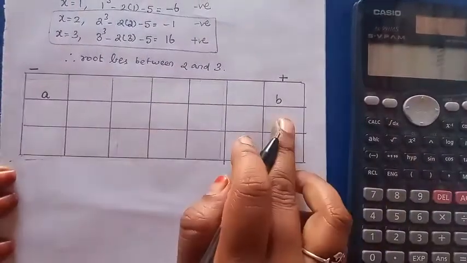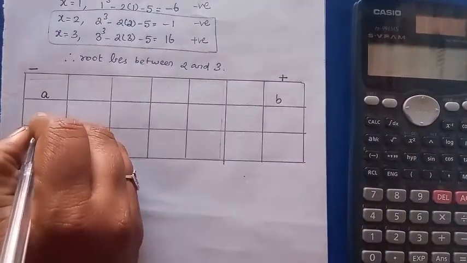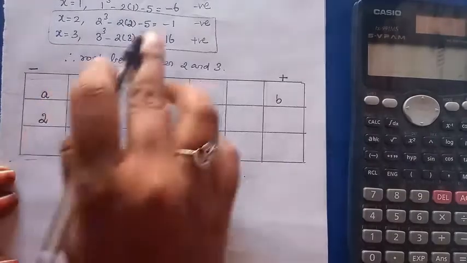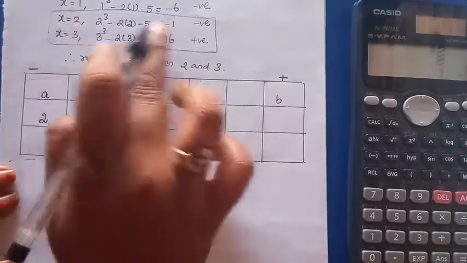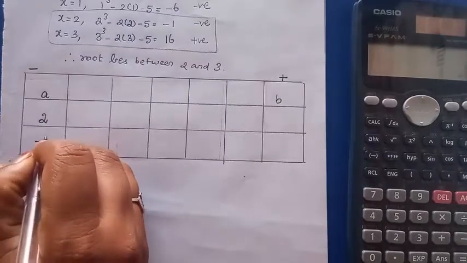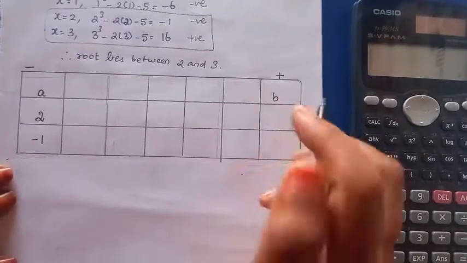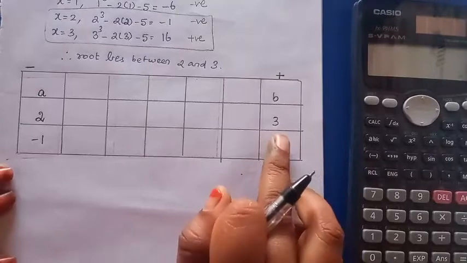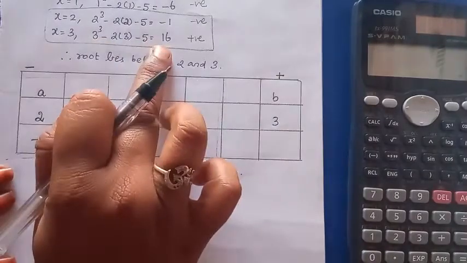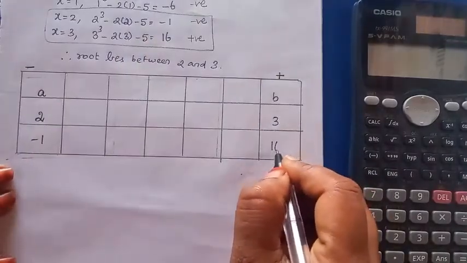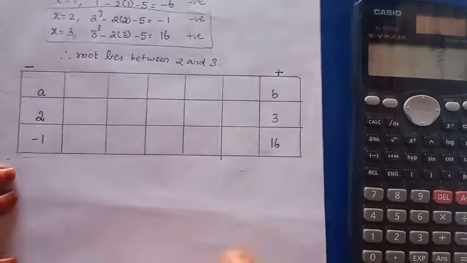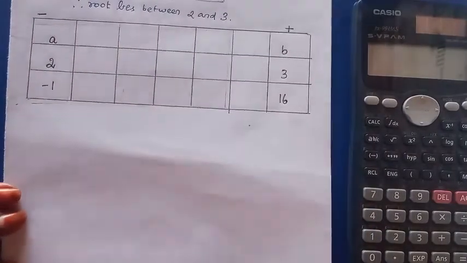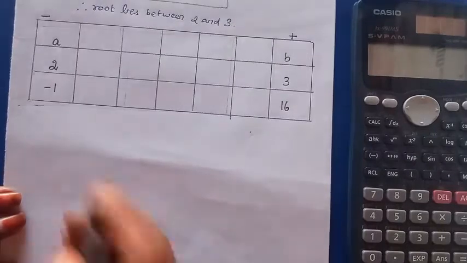So a and b are the intervals. It is taken as 2 and on substituting 2 in the function we got the answer as minus 1, and b value is 3. On substituting 3 in the function we got the function's value as 16, which is of positive sign.